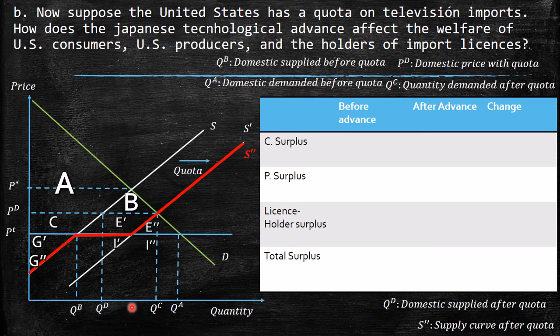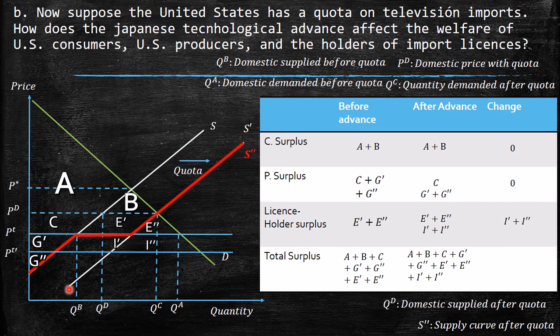So now remember, here we have the P star with no free trade. Now remember, PD is the normal price when there is free trade, so there is QD and QC. But there is a quota.